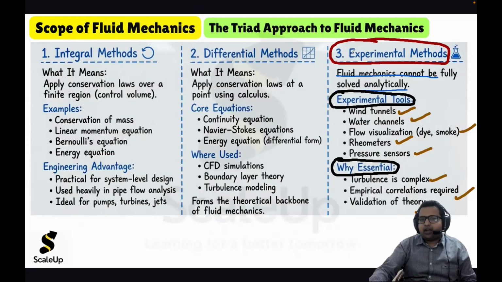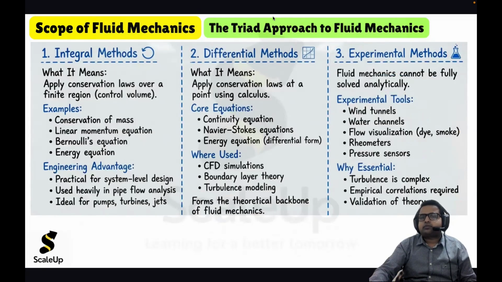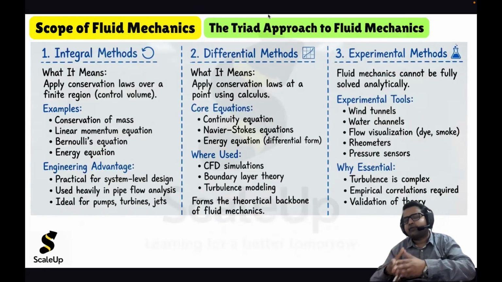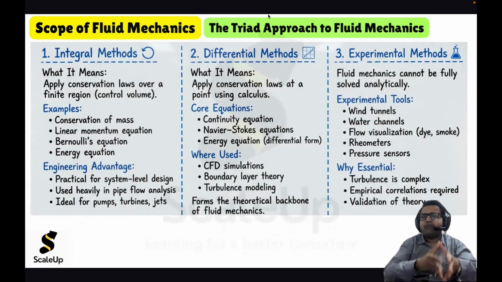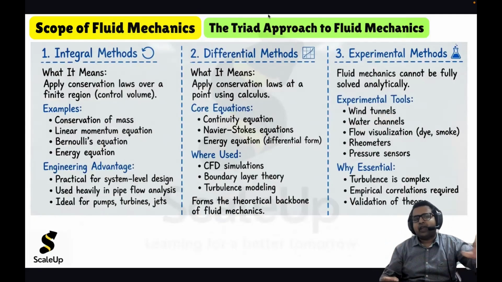So this is the triad approach to fluid mechanics, wherein while mastering fluid mechanics, we have to master these three methods. We have to be very good at applying integral methods, wherein we will be analyzing a finite region or a control volume. We will be using differential methods, wherein we'll be analyzing a point rather than a system.